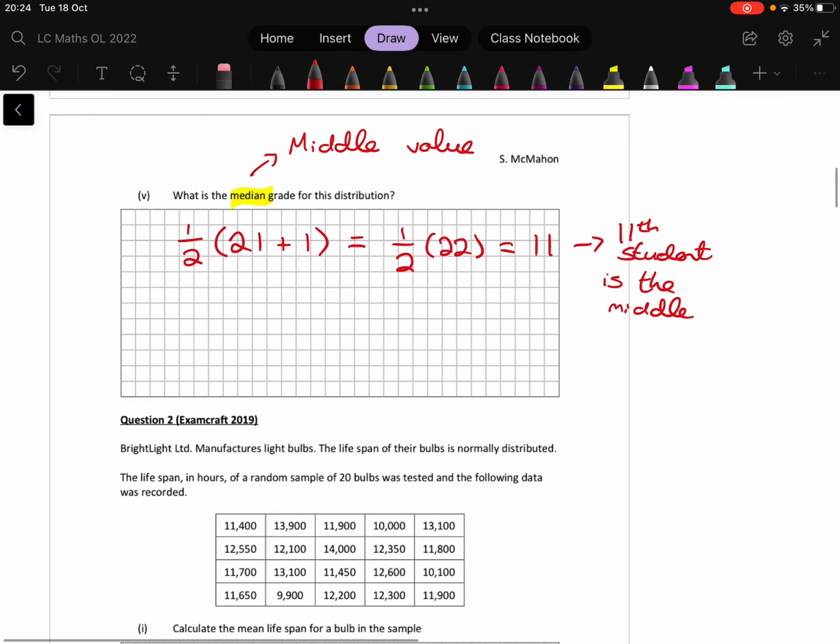So our median grade is going to be an O2. And we can show our sums that we did. So we did 3 first. We did 3 plus 8, which was 11. And our median then, our middle value, our middle grade received is the O2. So important to know off that short formula for finding what the middle value is, or the middle student, and then being able to go to your table and work out how that applies to your question.